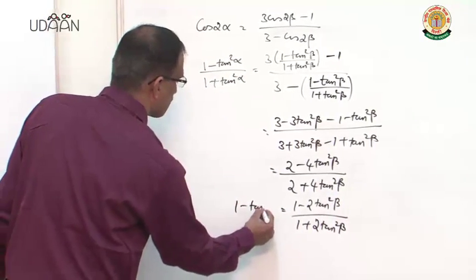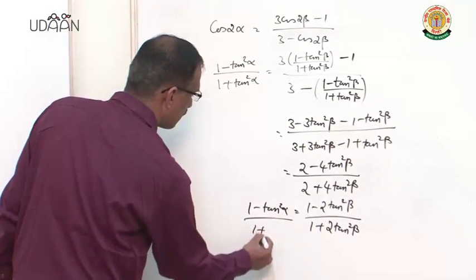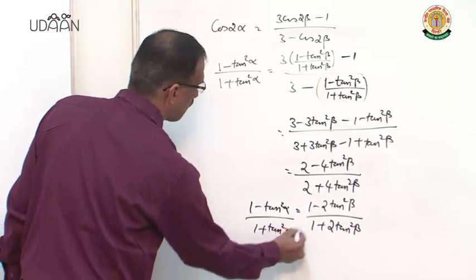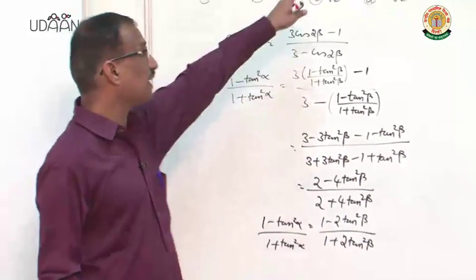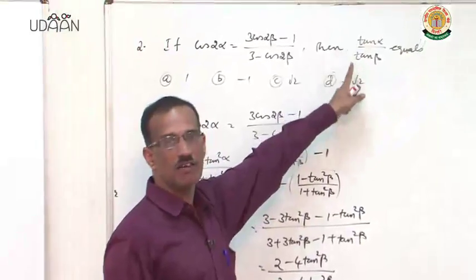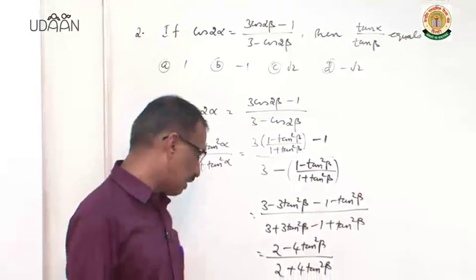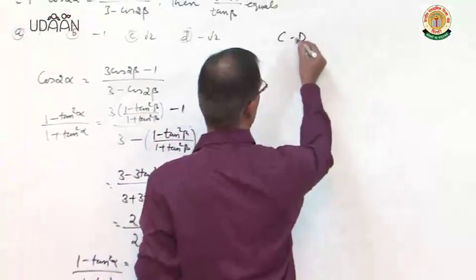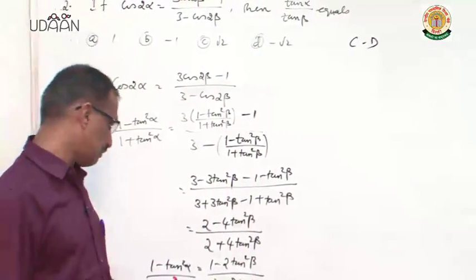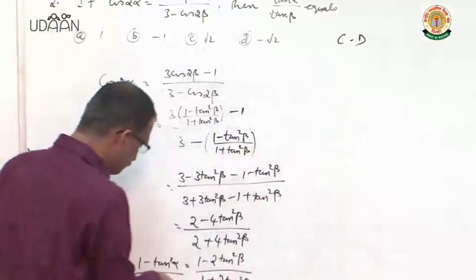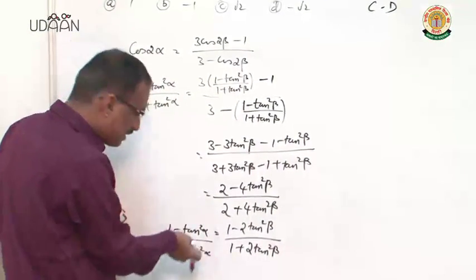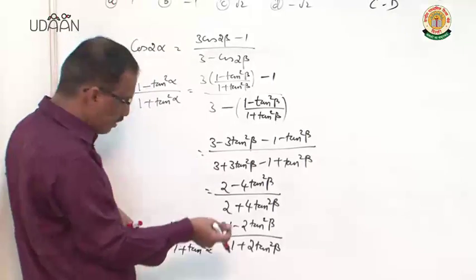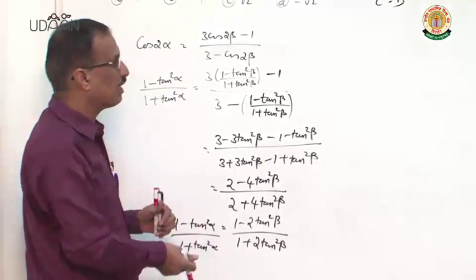is equal to 1 minus tan squared alpha by 1 plus tan squared alpha. But what we have to find out is the ratio of tan alpha by tan beta. So now let us do componendo and dividendo, that is CD. That means numerator plus denominator upon numerator minus denominator.